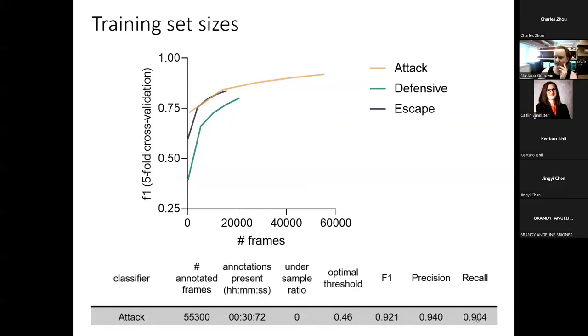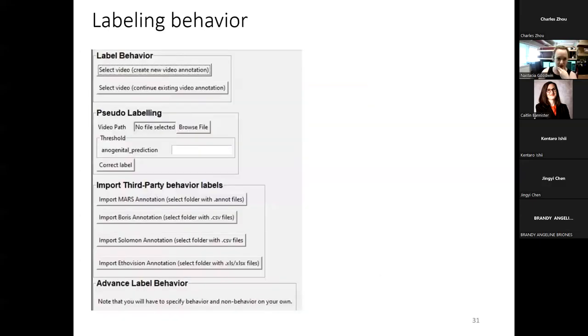Okay, that's the conceptual stuff on labeling behavior. The rest that I have is GUI stuff. We have a couple of different ways to label behavior in SimBA. You can import third-party behavioral labels, so if you have any old behavior sitting around in BORIS or Solomon or MARS, you can import that straight in. We also have a keylogger that we can use to actually open videos in SimBA and label them.